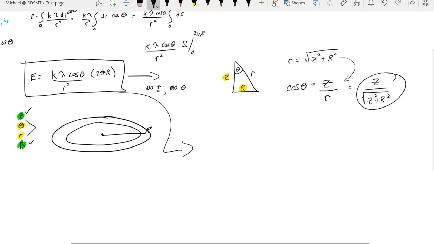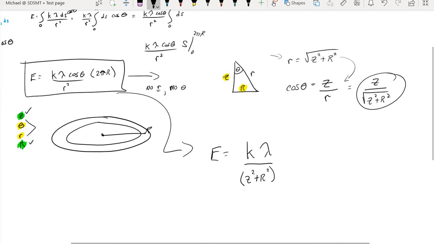So let's take our expression and we'll start making the appropriate substitutions. We have k, we have lambda. I'm going to go ahead and put r squared in the denominator right now. So r squared, I would square both sides, and so I just have z squared plus big R squared.